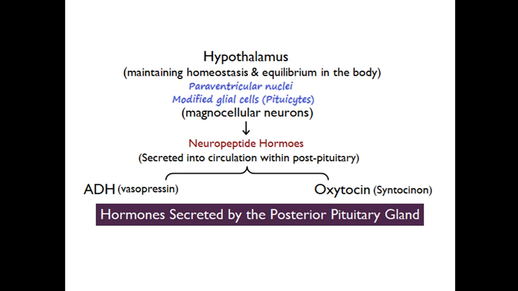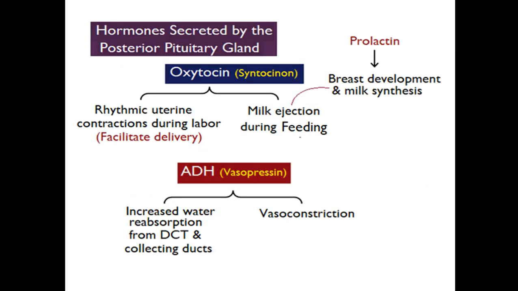So the hormones produced by the hypothalamus are released from the axon terminals and are simply stored in the posterior pituitary gland. Upon signaling, when these hormones are needed, they are released. Oxytocin has two actions. During childbirth, it facilitates the rhythmic uterine contractions, and these contractions push the baby and facilitate childbirth.